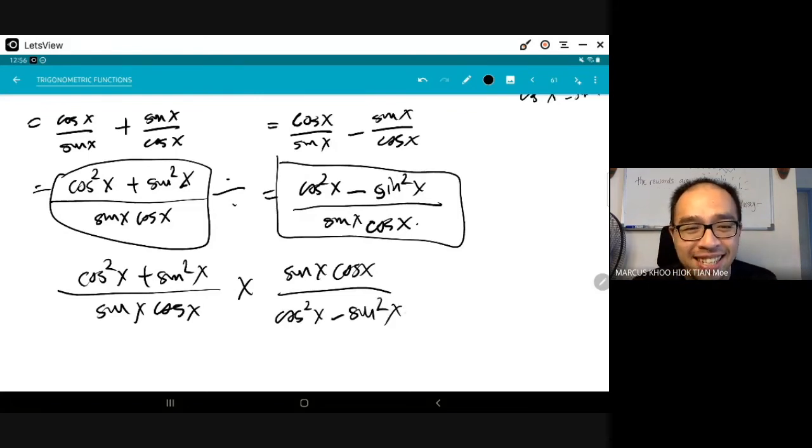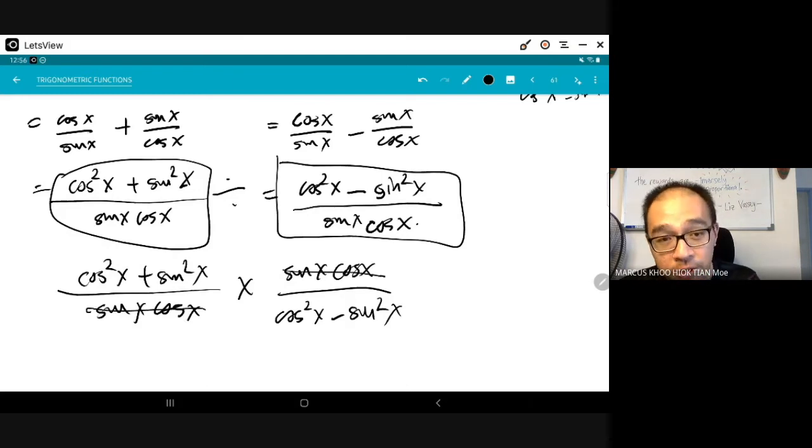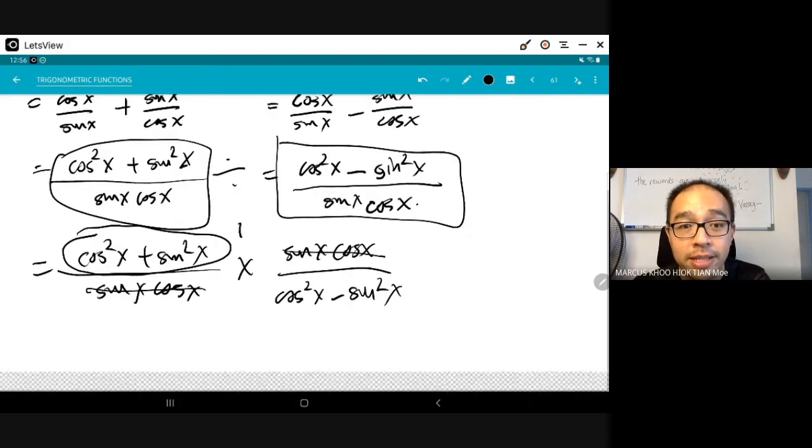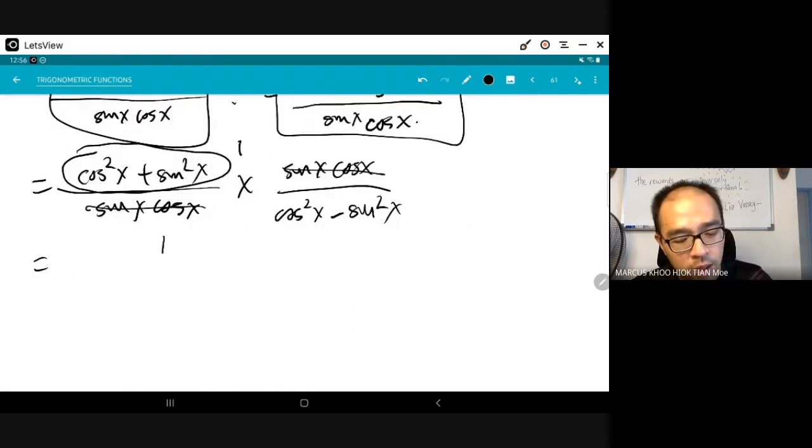Then sine x cos x cancel. And interestingly, we have cos squared x plus sine squared x equals 1, from the basic identity. So you get 1 over cos squared x minus sine squared x.